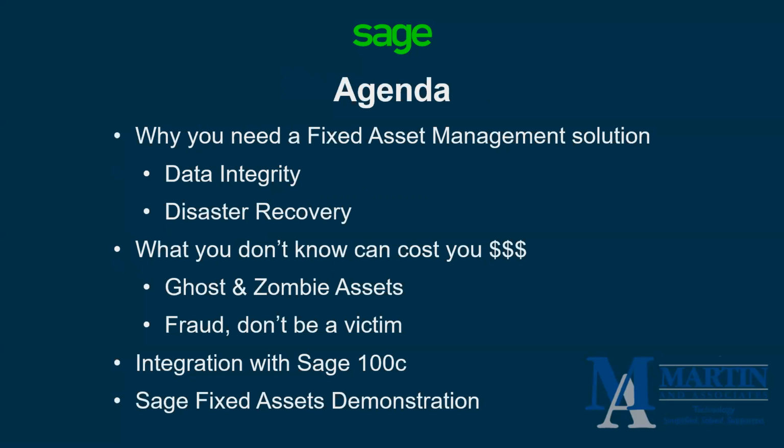We'll also highlight some of the hidden costs that can be tied to ghost or zombie assets, as well as identifying fraud. We'll also talk about the integration with Sage 100, and also I'll touch on Sage 500, which some of you may be on as well. And I will make some time to go through and give a high-level demonstration of the solution so you can see how all of the various components might meet your business needs.